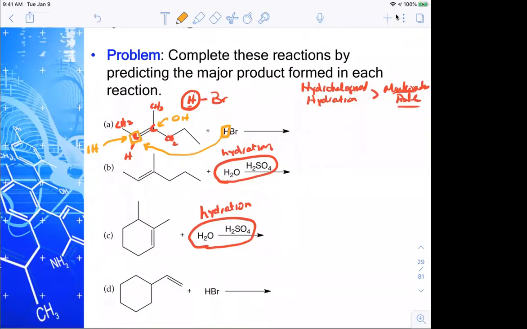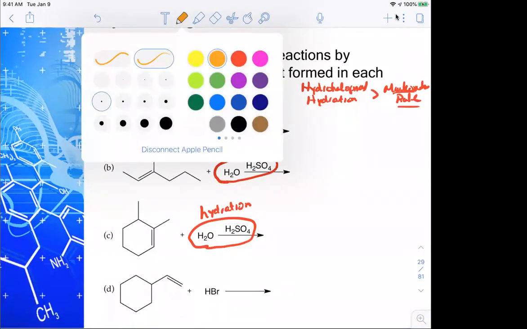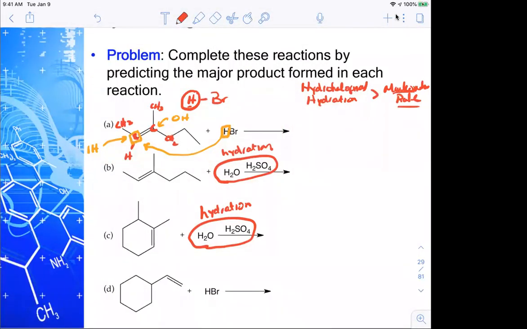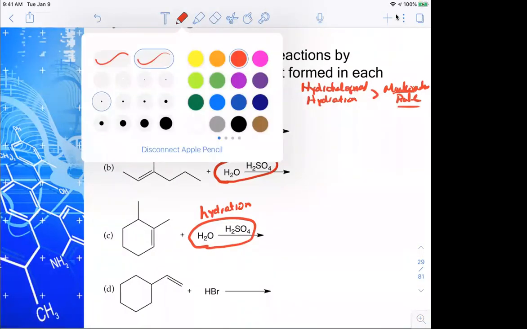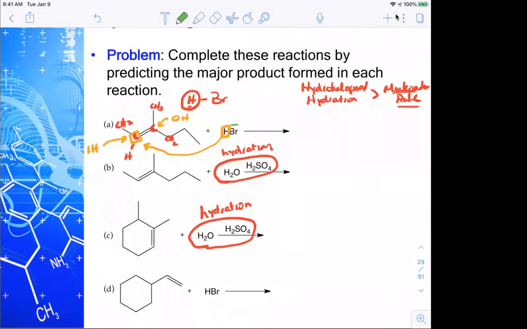So I'm going to draw this now in my product. What I'm also going to note is that if the hydrogen ends up there, the bromine will end up on that other carbon.